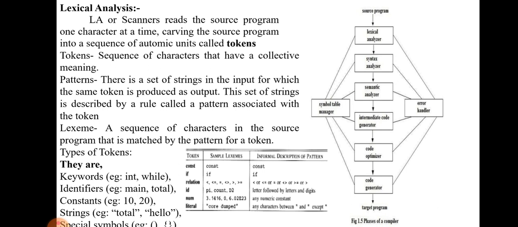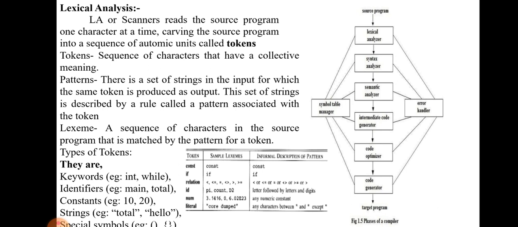A lexeme is a sequence of characters which is actually present in the source program. A pattern describes a rule which is used to identify a token for each lexeme. For a lexeme, lexical analysis identifies a particular token. A token is a sequence of characters with some collective meaning.